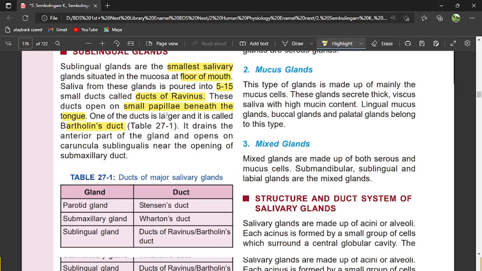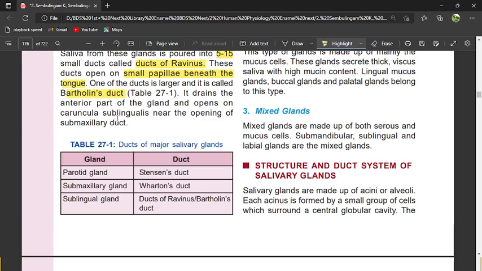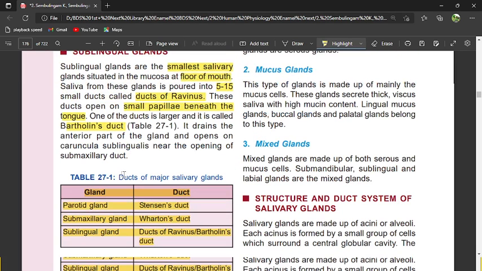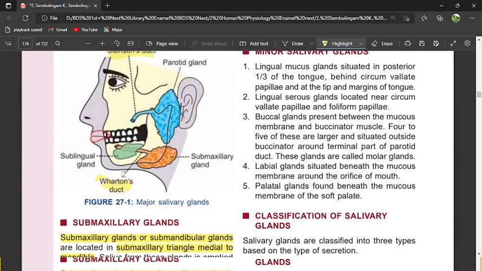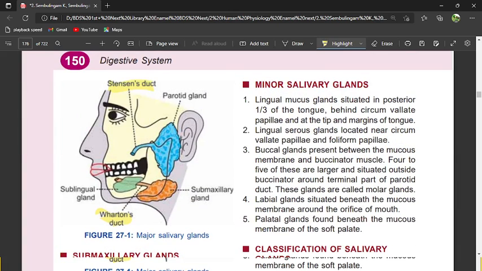So the 5 to 15 small Rivinus ducts form Bartholin's duct. It drains from the anterior part of this gland and opens into the caruncula sublingualis near the opening. The same overview is given in this figure, in this table. When we solve some MCQs, we will give this table to the students to remember. So sublingual you see, but Bartholin's is not shown in this labeling.